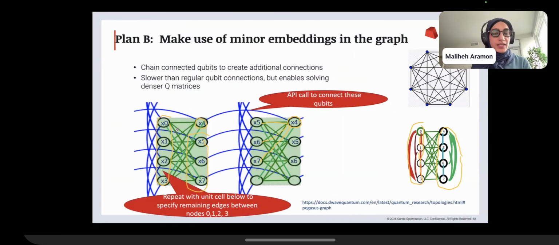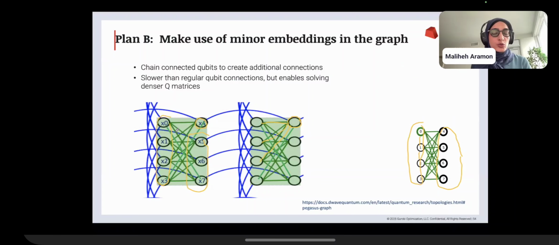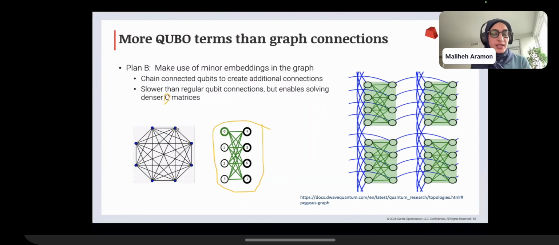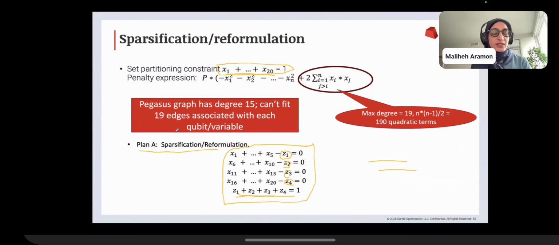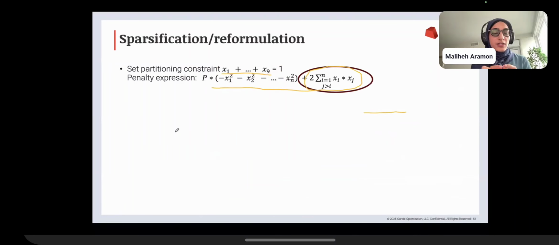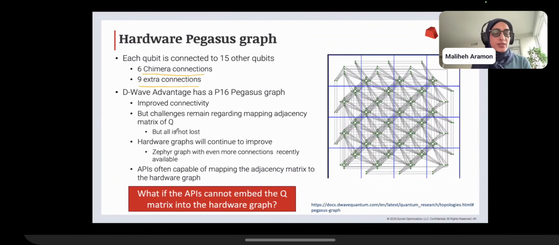The whole process of embedding is that we are going to use the embedding to represent each of the variables that we have in the original problem by a chain of qubits on the hardware. This is basically called embedding, and then also we need to make sure that we adhere to all the connectivity that exists in the original problem.